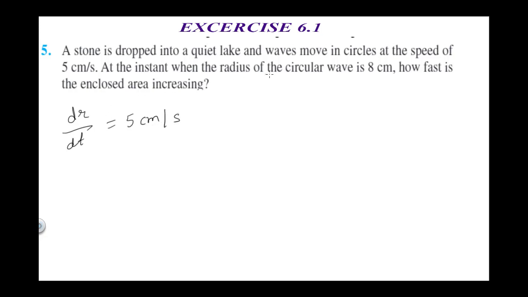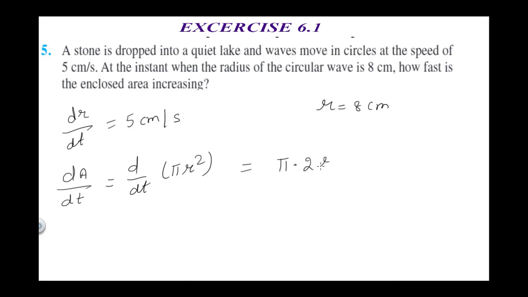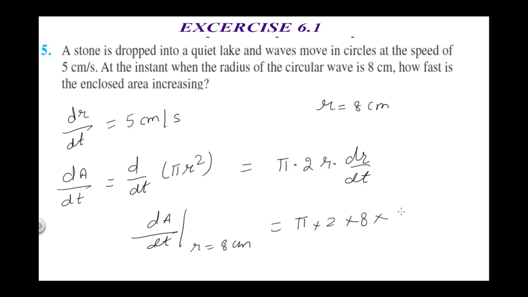At the instant when the radius of the circular wave is 8 centimeter, how fast is the area increasing? Again we have to calculate dA by dt. d by dt of area will be pi r square, which will be pi as it is into 2r into dr by dt. Now we have to calculate the rate of change of area at r equals 8 centimeter. Putting 8 for r, dr by dt is 5.